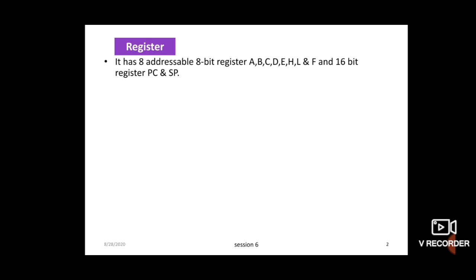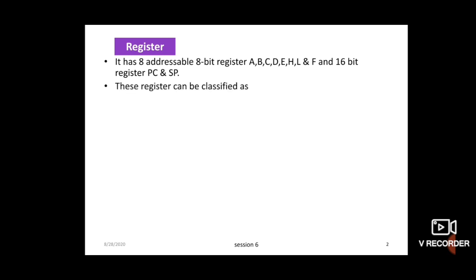It has 8 addressable 8-bit registers A, B, C, D, E, H, L and F, and 16-bit registers PC and SP. PC means program counter and SP means stack pointer. We will see this later.